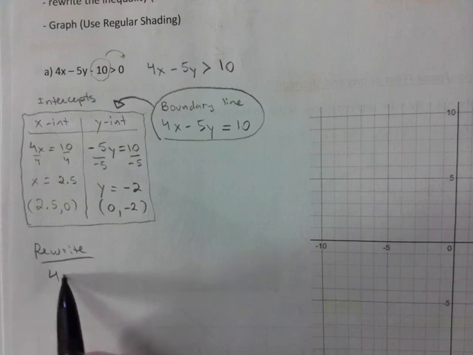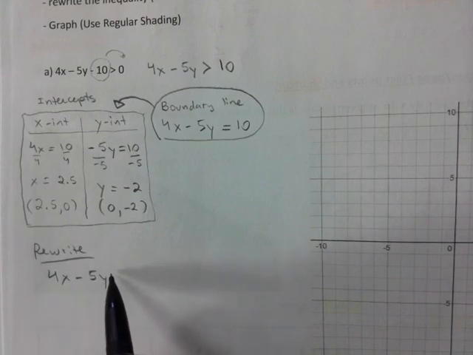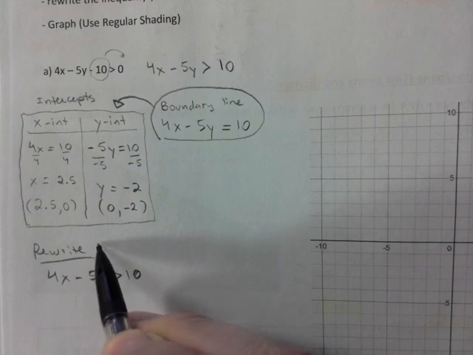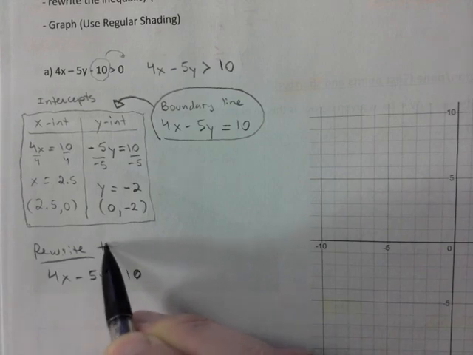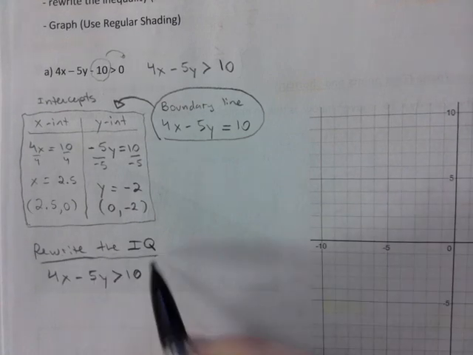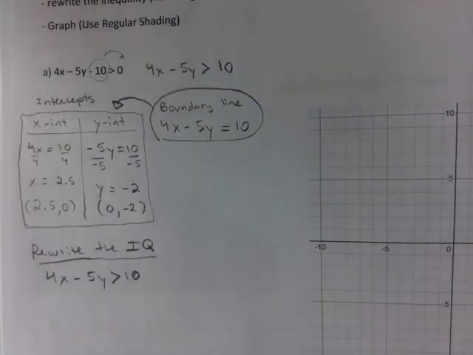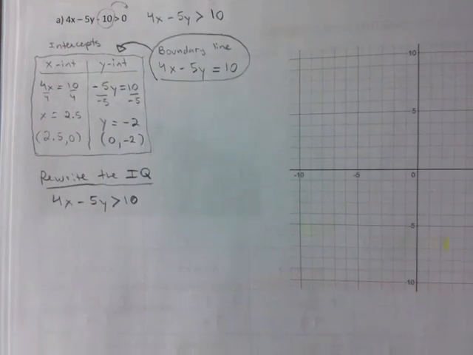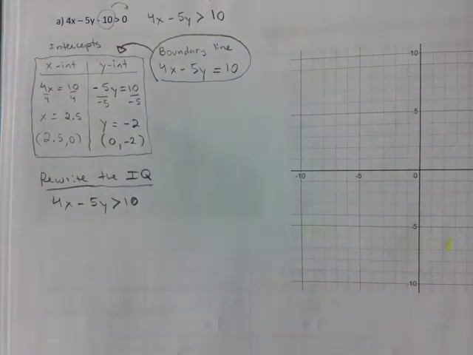So I'm referring to this one here. We'll rewrite. I'll be more specific: rewrite the inequality. Why am I doing this part here, the rewriting? Because it will tell me where the true region is. Okay, so you're still fresh.